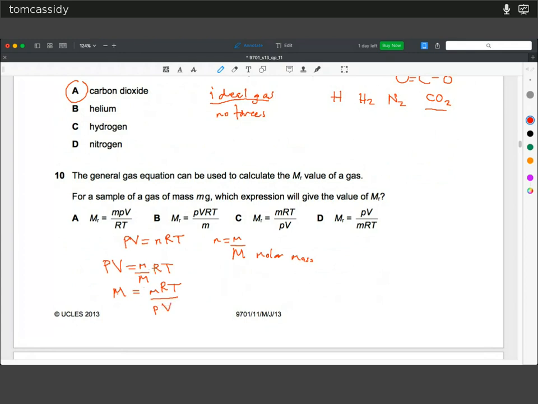And so the closest one we can see up here to what I've got there is actually here, C. And strangely enough, in the exam paper, they've put Mr, which isn't strictly the molar mass. That's not correct. Mr is the relative molecular mass.